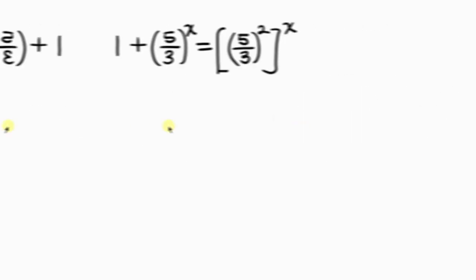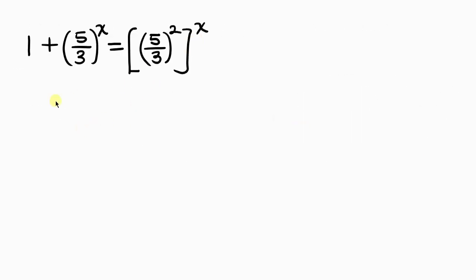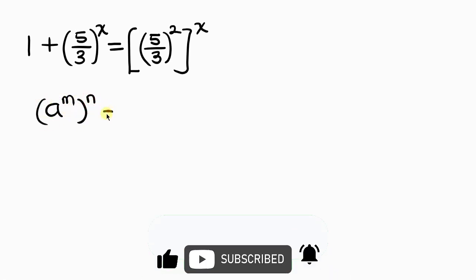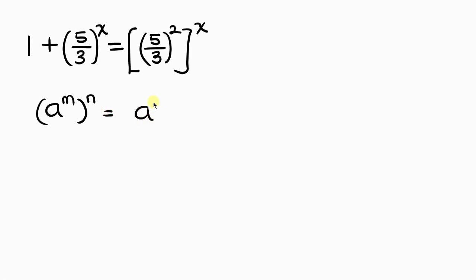Very good. Now our next step will be for us to apply this law of indices, which says when I have a to the m and this is raised to the n, this is the same as a to the n raised to the m, by switching their positions.